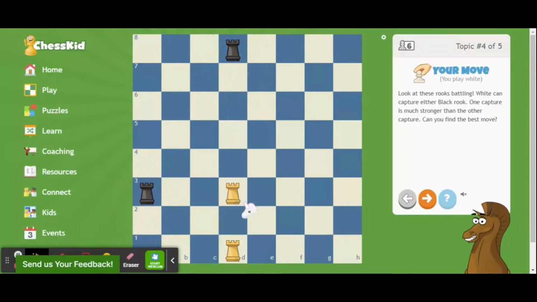So the rook on d3 can capture either the rook on a3 or the rook on d8. But there is one capture which is stronger than the other capture. So can you guys find the best move? Pause the video to get the answer.